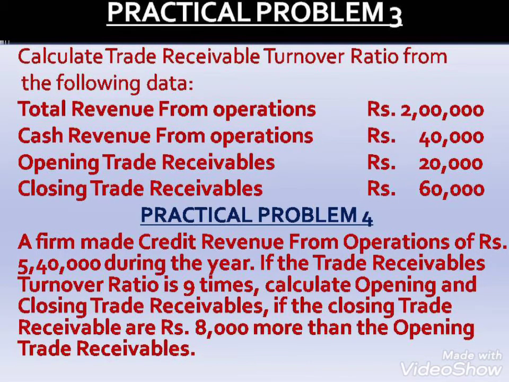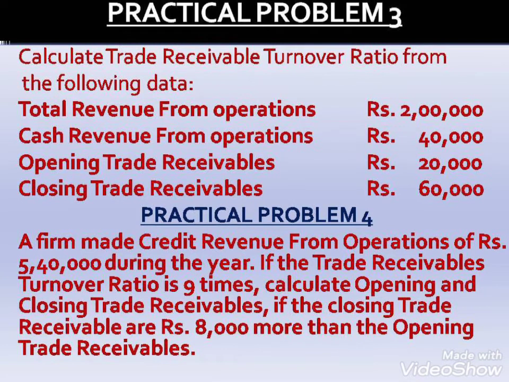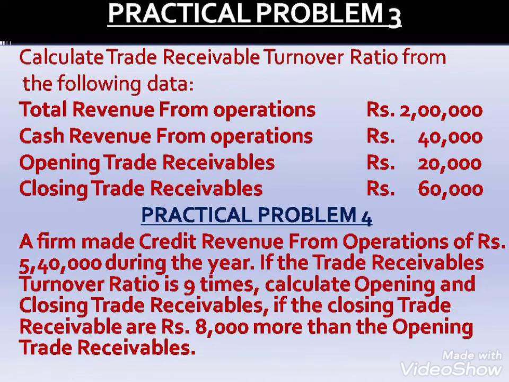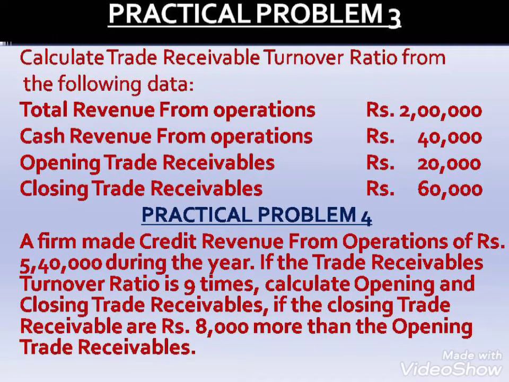Both debtors and bills receivable are converted into cash within a year, and as such they are shown as part of current assets. Since they come under current assets, the liquidity position of the firm to a great extent depends on the speed at which these items are converted into cash.